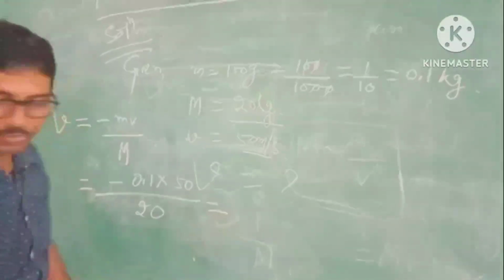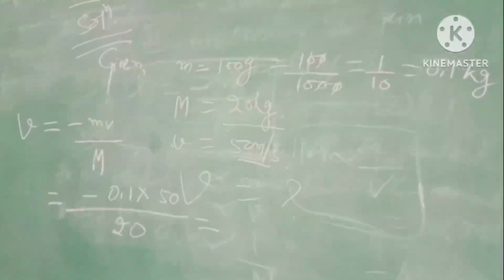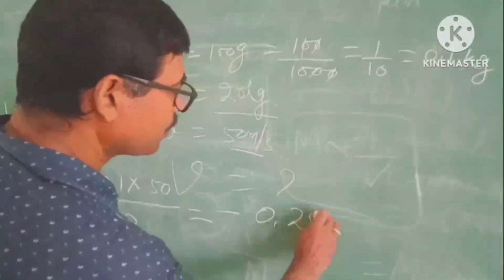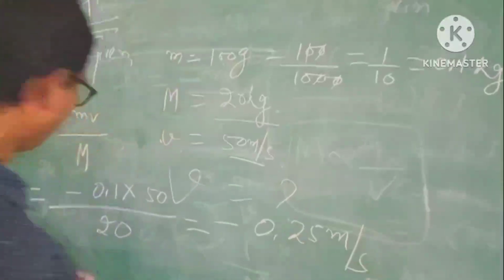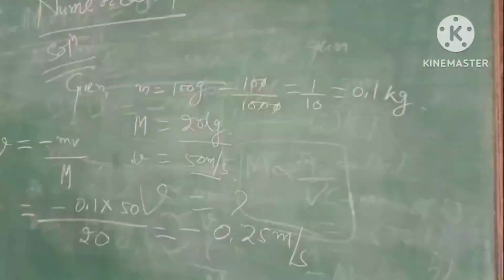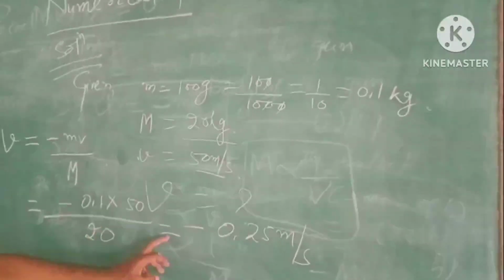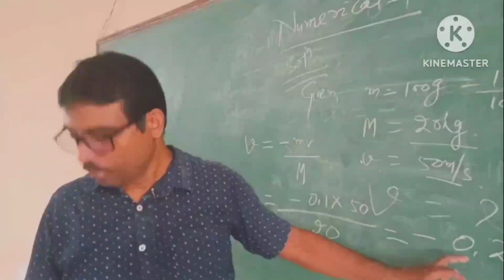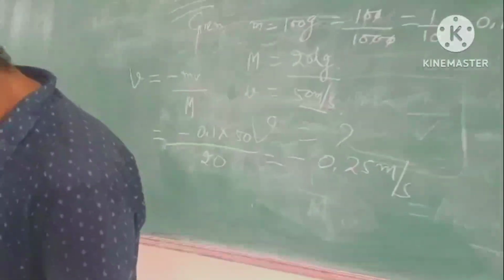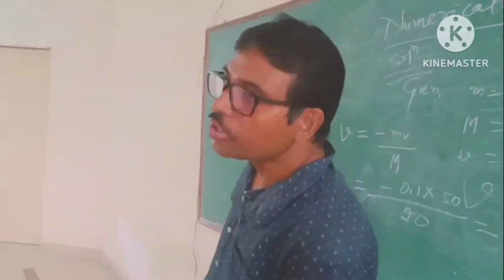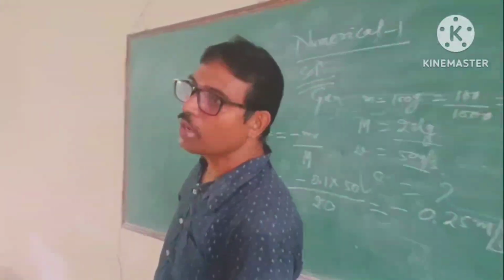If you solve this, how much do you get? You get minus 0.25 meter per second. This negative sign indicates that the velocity of the rifle is opposite to the velocity of the bullet, and the velocity of the bullet is always opposite to that of the velocity of the gun.